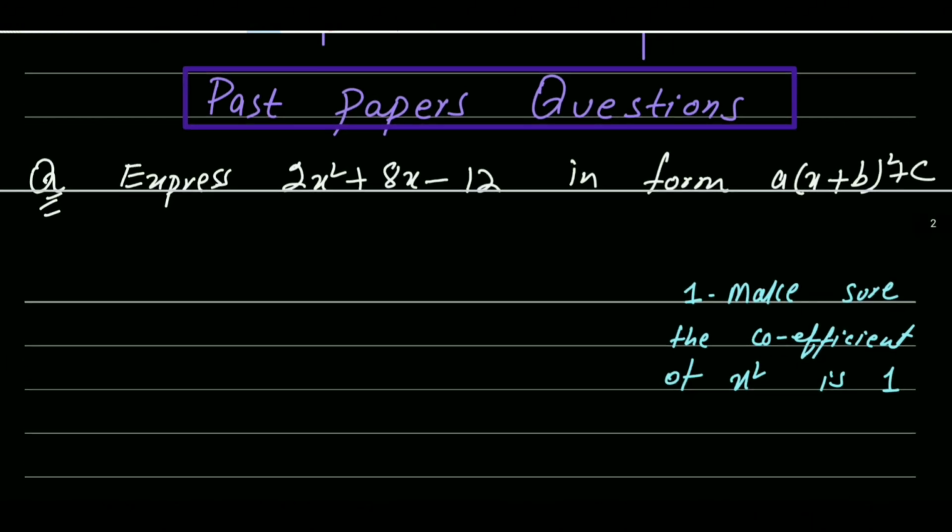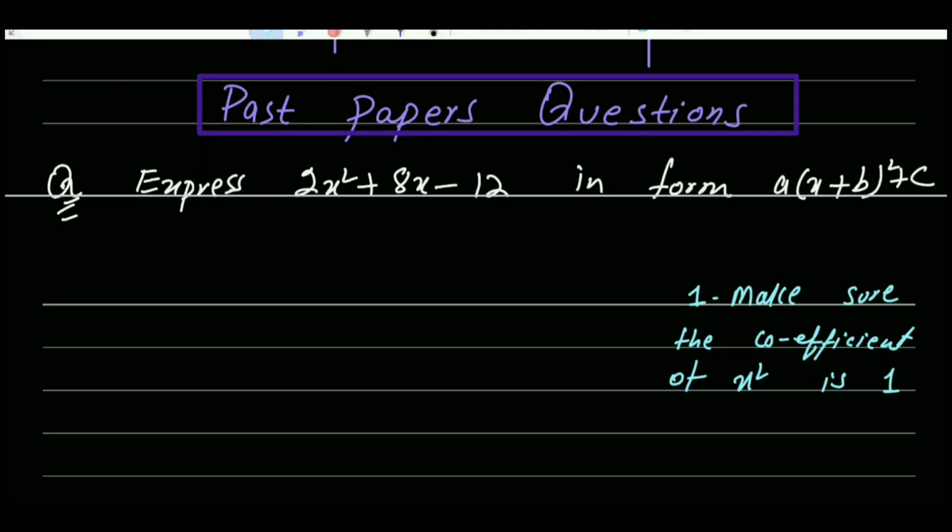So in this question we can see that the coefficient of x square is not 1, so we have to make it 1 by taking 2 common. So here we will take 2 common.